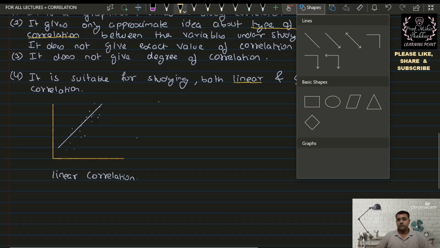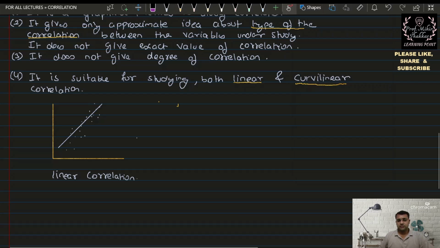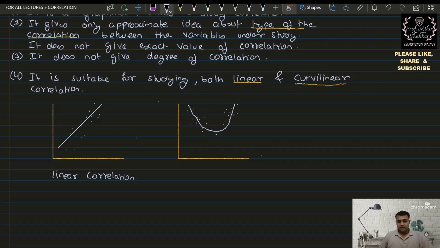Whereas suppose you have something like this, then it is approximately this kind of formation, which is called a curvilinear correlation. Curvilinear it is called because it has a curved kind of formation.